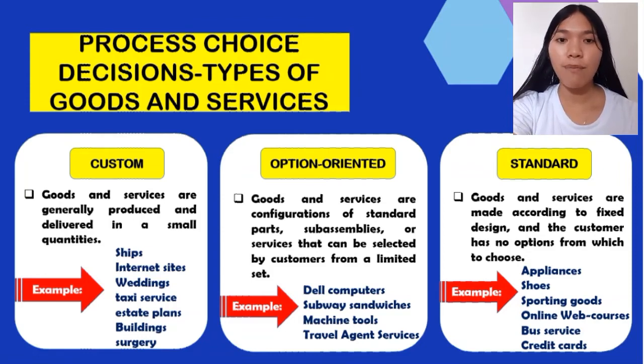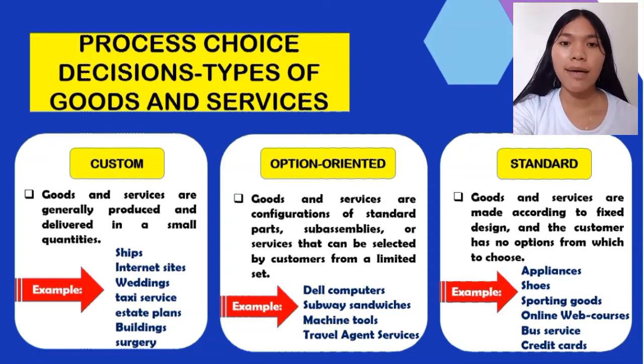So here now is the option-oriented. These are goods and services that are configurations of standard parts, sub-assemblies, or services that can be selected by customers from a limited set.